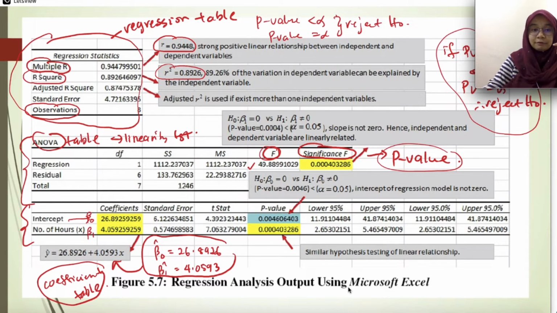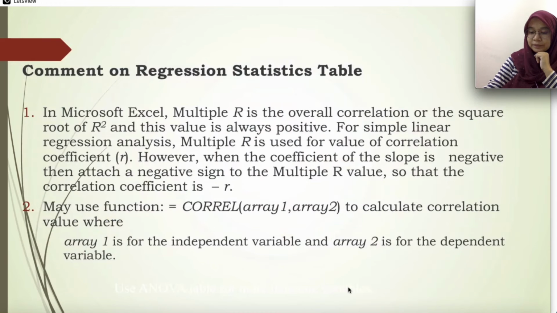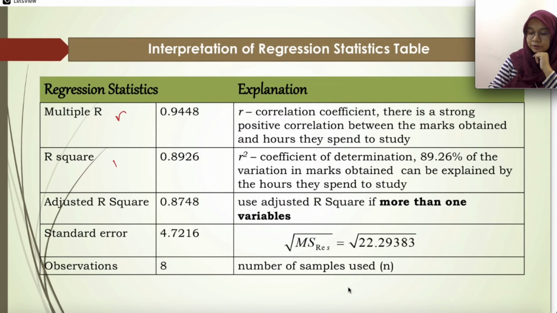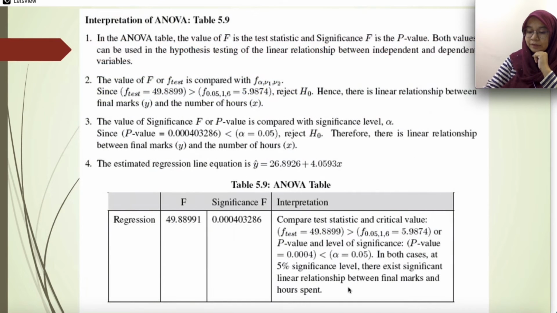Okay, from the coefficient table, we can get the values of beta naught and beta 1. Once you get them, you can write down your simple linear regression equation. From the regression table, you can get your R square and the observations. Adjusted R square is actually for multiple linear regression. And from the Anova table, you can test the linearity: beta 1 equals 0, versus beta 1 is not equal to 0.